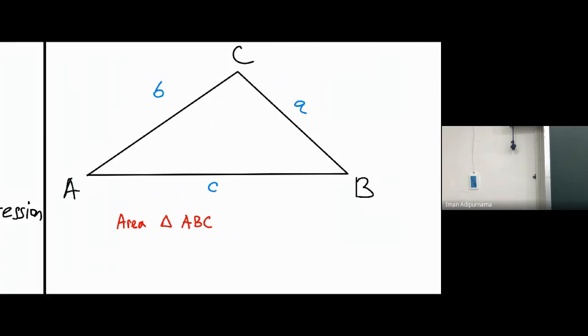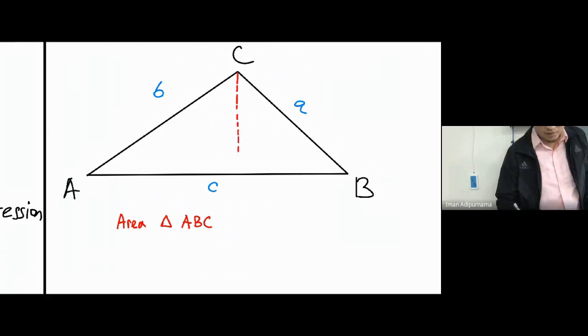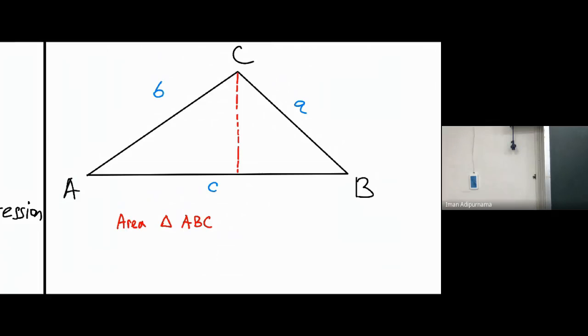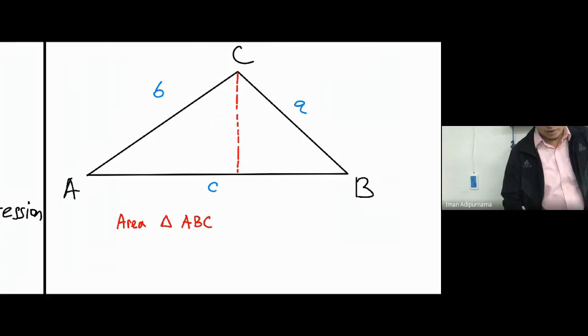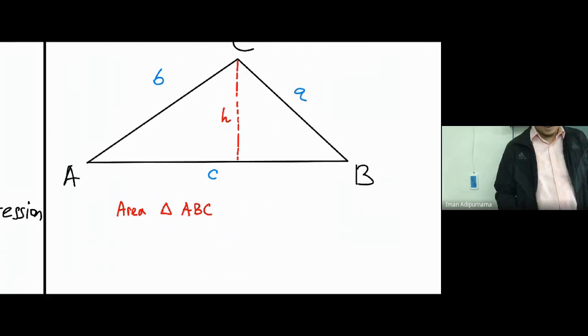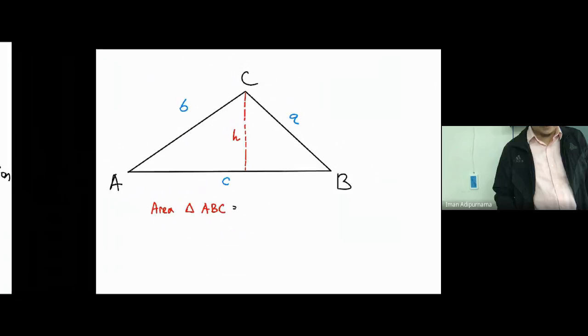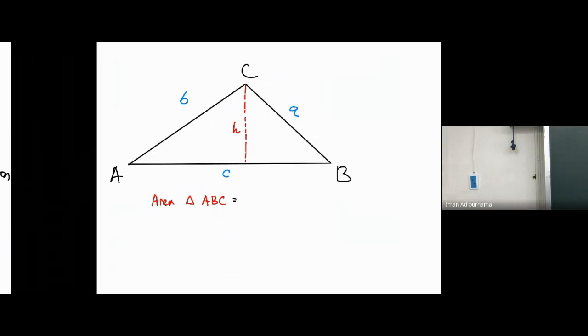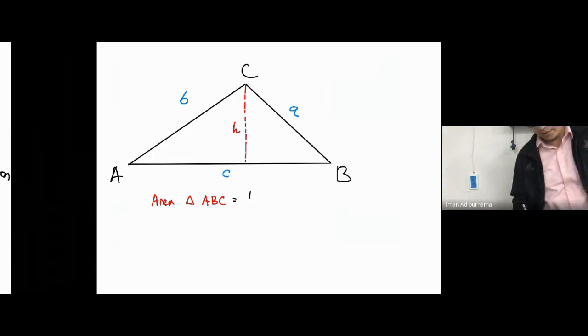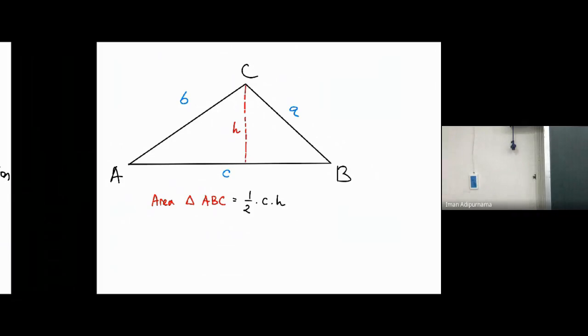Let me make a line here to make it easy to follow. If you have a triangle, basically the area is half the base times the height, right? Let me make this height h. So the area of the triangle, if I'm using c as my base, will be half times c times h. And we can change the c or the h into our sine formula.